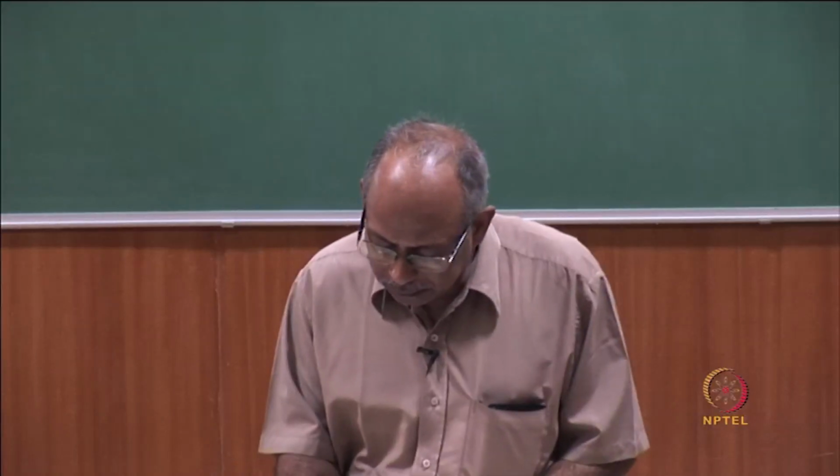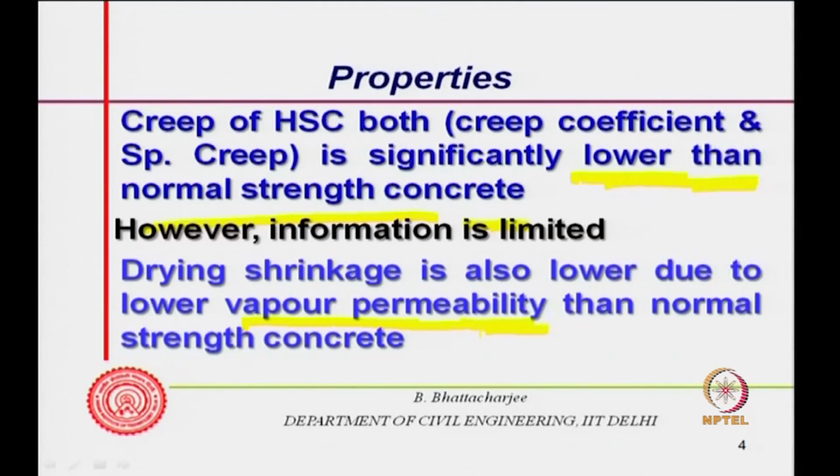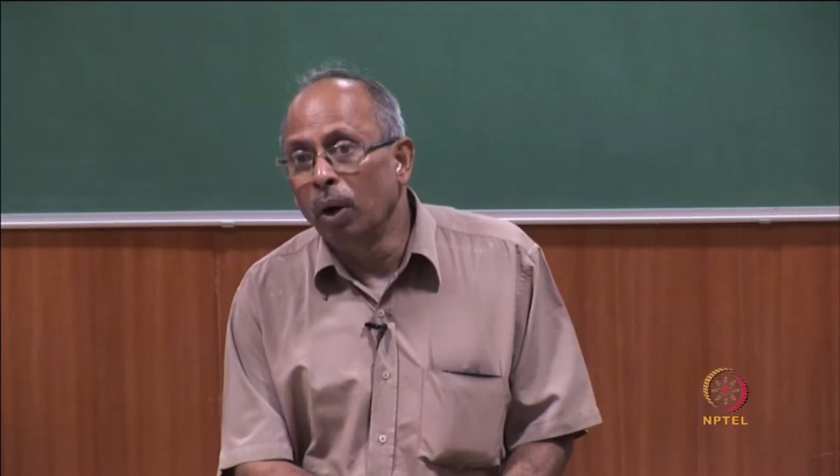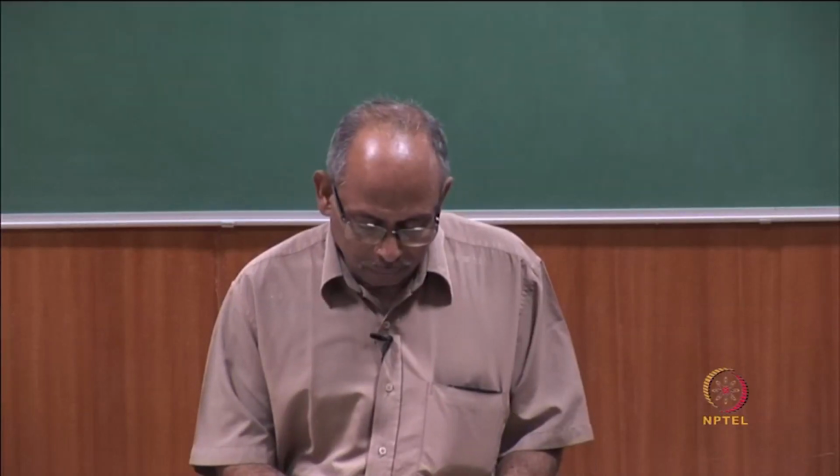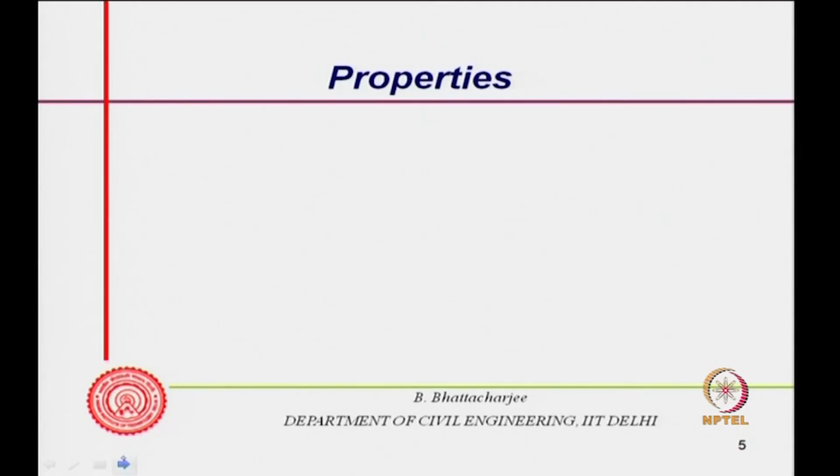Vapor cannot get out, because of a dense microstructure, low capillary porosity, and lower water cement ratio. So it does not get dried so easily, vapor does not move out of the system. Therefore, it has better drying shrinkage properties. So, creep is lower, drying shrinkage is also lower. This is an advantage in terms of usage.